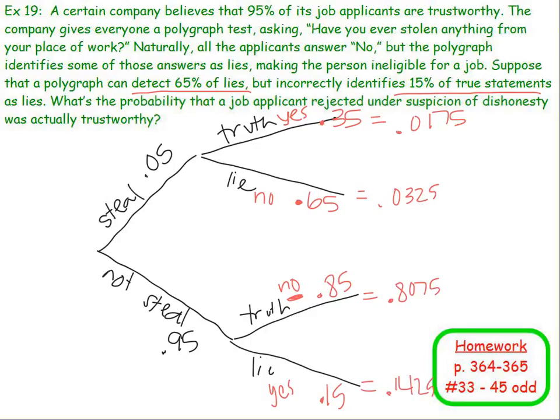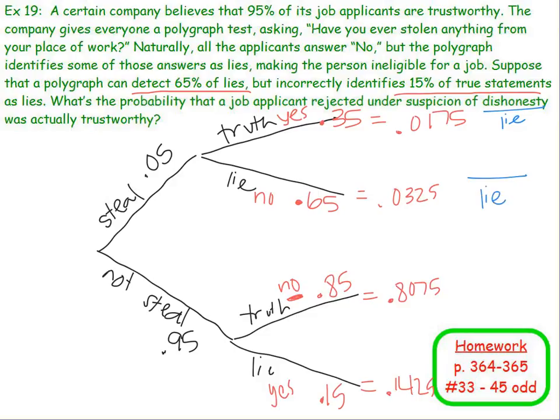So let's take a look at the final question. What's the probability that a job applicant rejected under suspicion of dishonesty, which means they lied, was actually trustworthy? So they lied comes first. So that's the denominator.